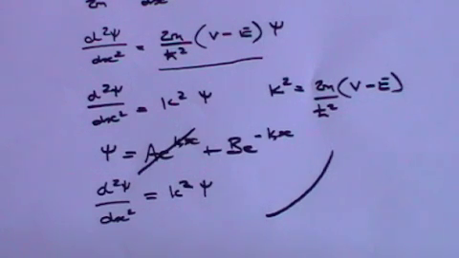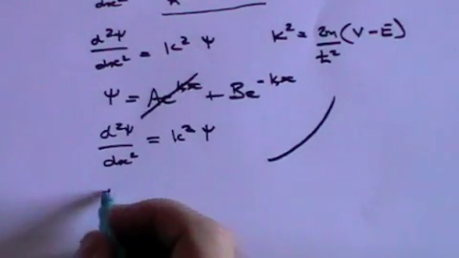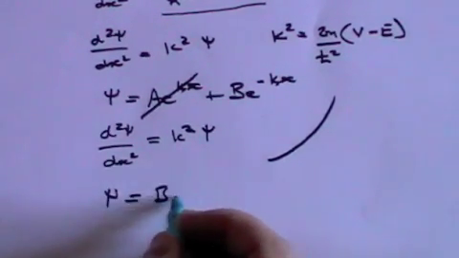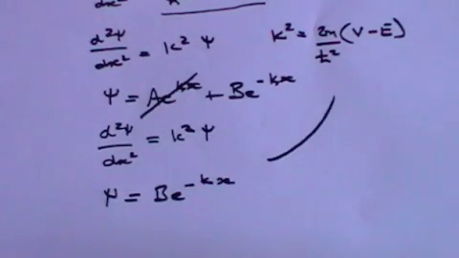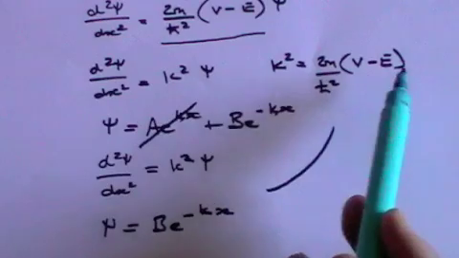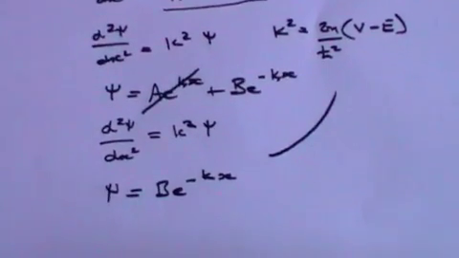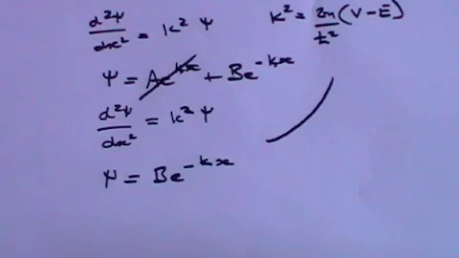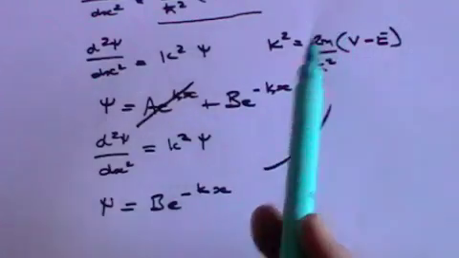So we delete that term and we are simply left with a wave function that is psi equals B e to the minus kx. And I remind you that k squared is 2m over h bar squared (V minus E). And this is outside the box because we're talking about a potential here.